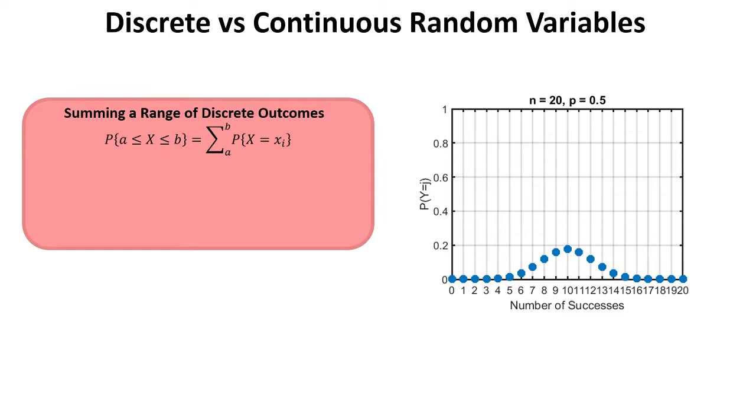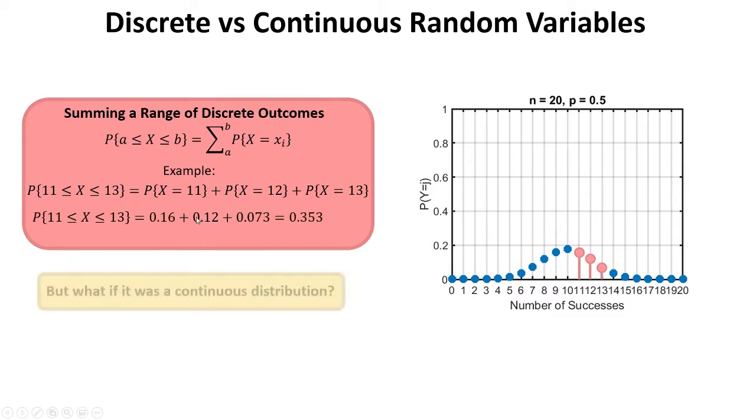So when you want to sum a particular range of discrete outcomes, you simply add up all of the probabilities of the values within the range. For example, if we want the probability of the random variable being between 11 and 13, we would sum up the probabilities of it being 11, 12, or 13: 0.16, 0.12, and 0.037, which gives 0.353, the probability of being any of those 3. But what if it was a continuous distribution?